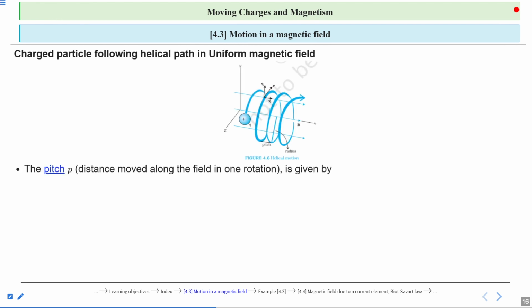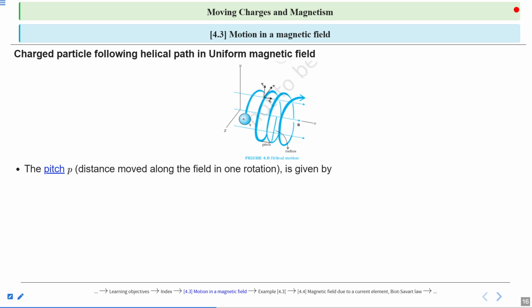Pitch is the new term that we are going to define here. What is pitch? Distance moved along the field in one rotation. You may have seen pitch of screw gauge in 11th class. Pitch means the distance moved by anything that is following circular motion and linear motion simultaneously.